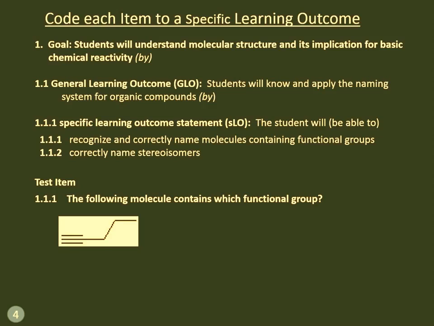We need to know how well students attain the SLOs. And to determine the SLO attainment, we need a measuring stick that makes a direct connection between the test results and the outcome statements. So now we're going to talk about how we do that.